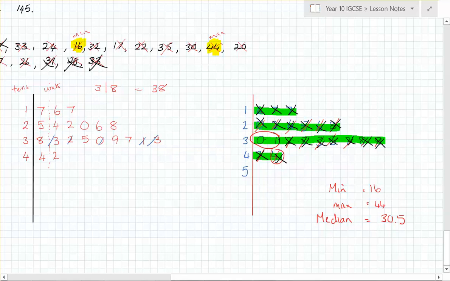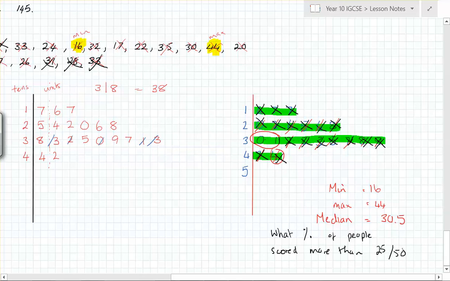Right, I've got a bit of a mess in my diagram now. But I've got one more question for you. What percentage of people scored more than 25 out of 50?